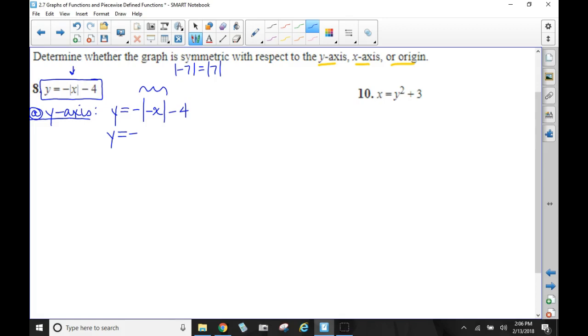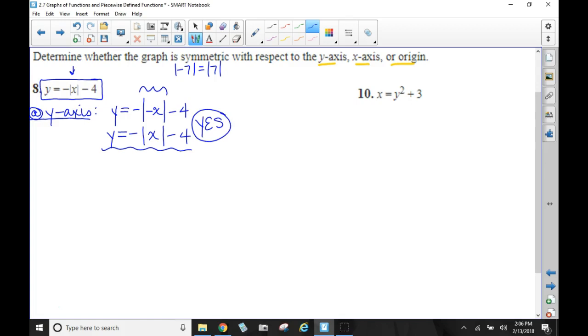Both of those are just 7. So the absolute value of negative x is equivalent to the absolute value of x. Bring down the minus 4. Now, what we have right here is equivalent to what we have in the box above. So yes, this is symmetric about the y-axis.